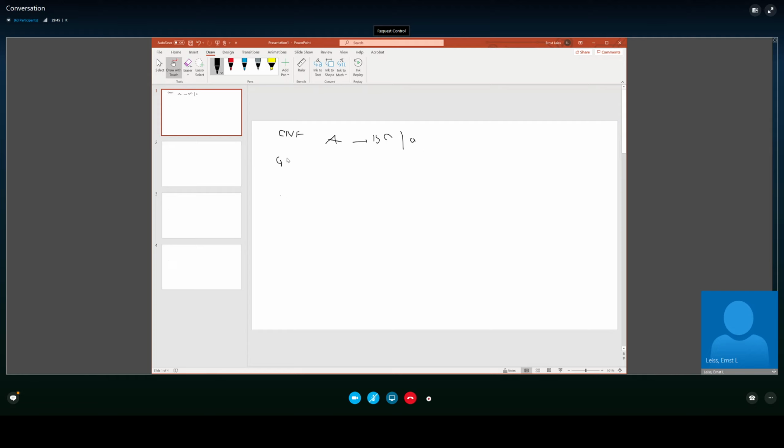Greibach normal form is where you have a variable that goes to a terminal and then a bunch of variables, zero or more. So m is greater or equal to 0.